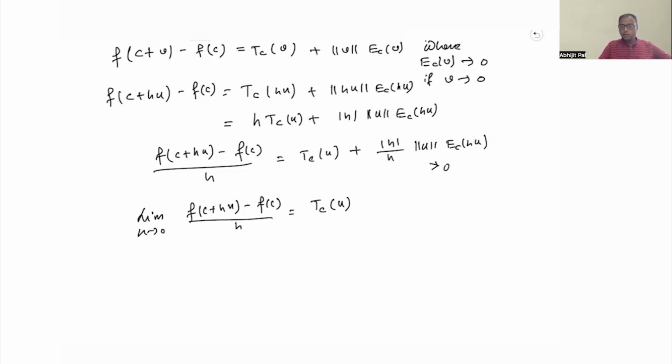So mod of h by h will be plus minus 1. And note that this error term goes to 0 as b tends to 0, which means if h tends to 0, b will tend to 0. So the error term will tend to 0, and the whole thing will tend to 0. Therefore this limit will be equal to this linear function T_c(u), and the left hand side is nothing but the directional derivative of f at c with respect to the direction u. So we have this relation here.